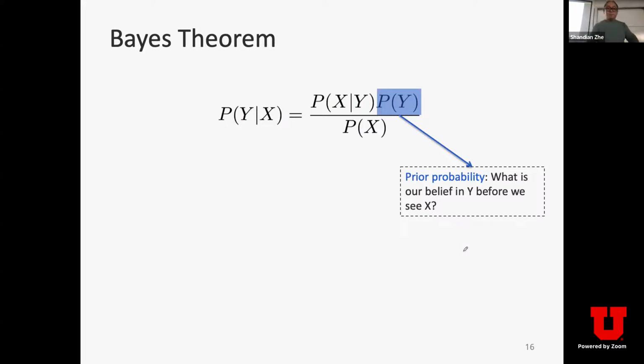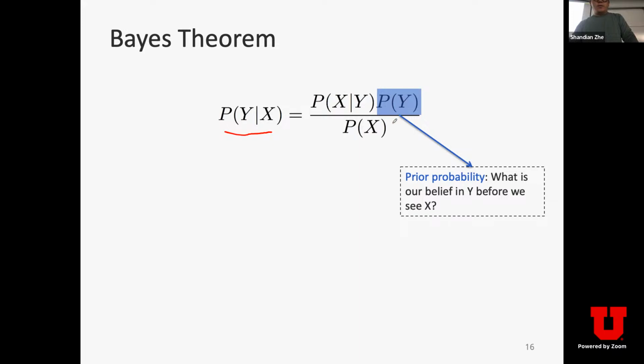Now, if you look at the structure of Bayes' theorem, especially the numerator, we see that if we want to compute the conditional probability of y given x, sometimes called the posterior distribution, namely when we observe x, what is our distribution of y, this posterior distribution is determined by two terms.